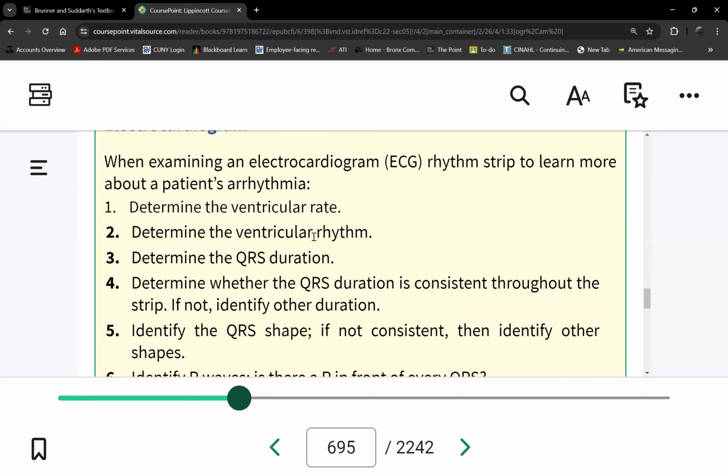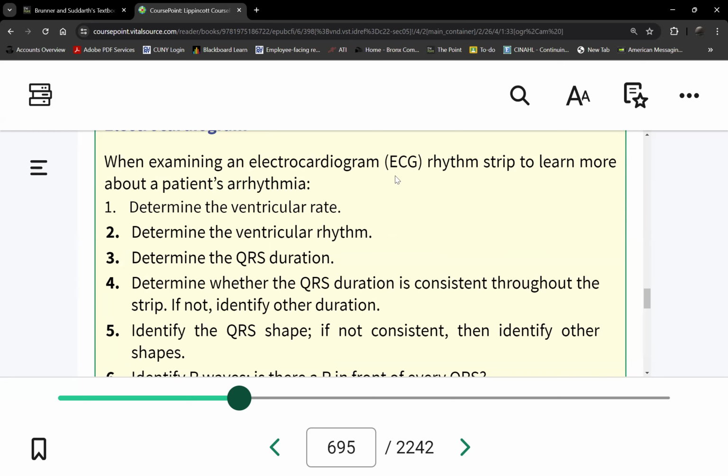When we say ventricular rhythm, we're not interpreting the rhythm itself. Number 2 means how often the ventricles contract, meaning what is the pattern of the occurrence of each wave and complex?